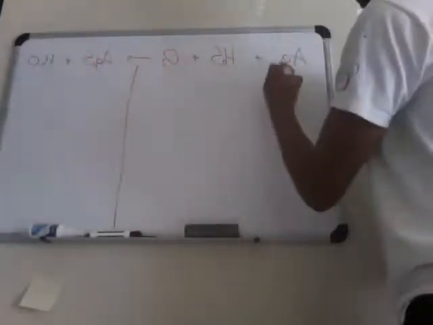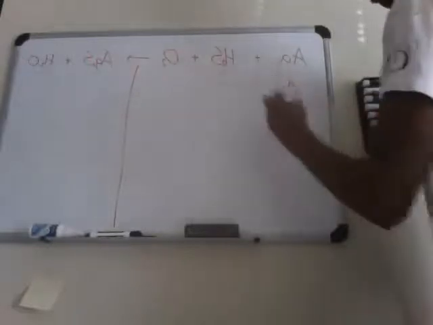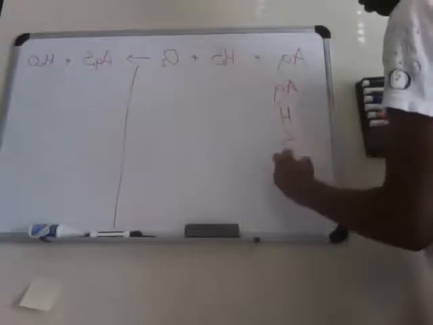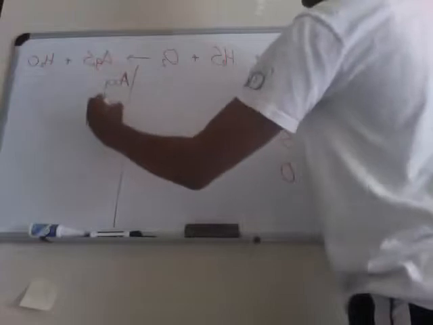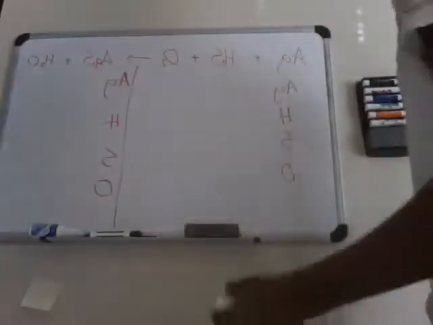And so you have Ag, right? You have your hydrogen, your sulfur, and your oxygen. Okay, and so now you balance the numbers.